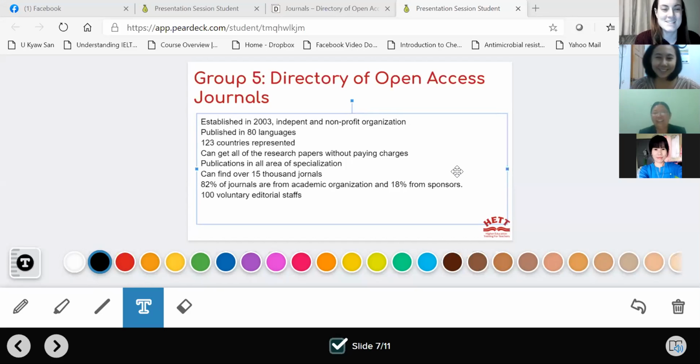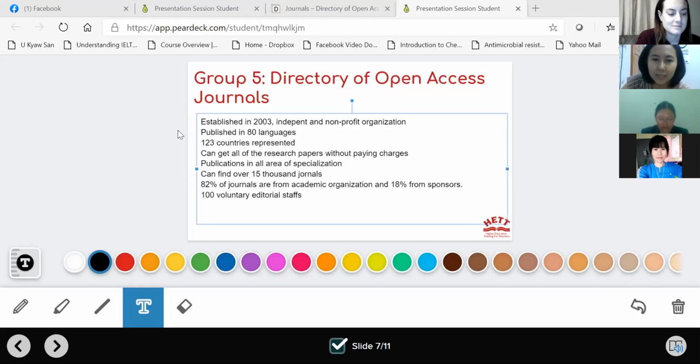Directory of Open Access Journals. The Directory of Open Access Journals (DOAJ) was established in 2003 as an independent and non-profit organization. It is published in 80 languages, with 123 countries represented.